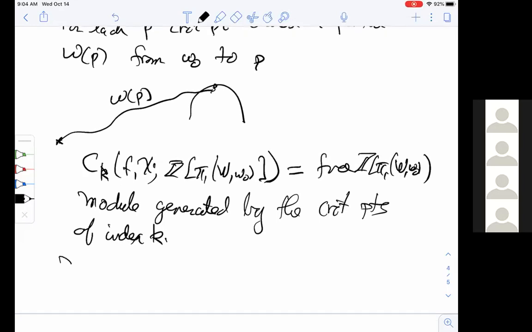Now, what about the boundary map from C_k with these coefficients to C_{k-1}?